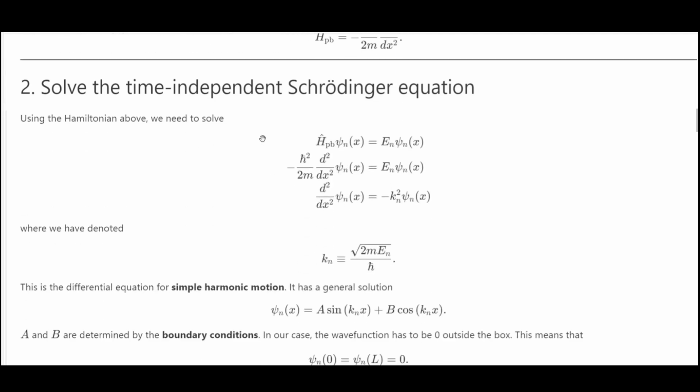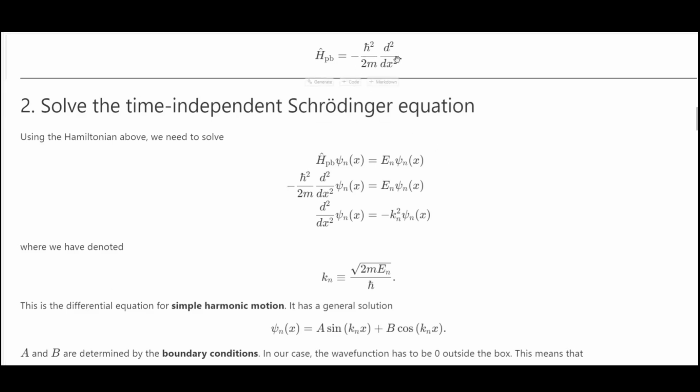And then we move on to solving the Schrödinger equation for this system. So now we just use this Hamiltonian that describes the particle in a box in this Schrödinger equation. And here I've just plugged everything in and rewritten it like this. So it clearly now looks like a pretty simple differential equation.